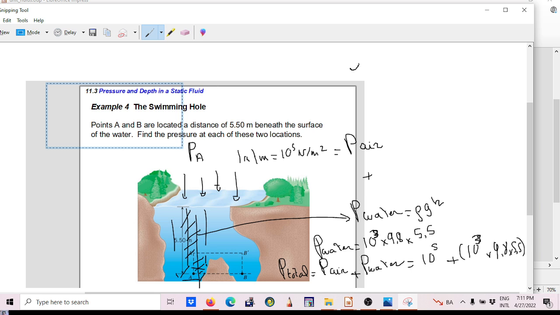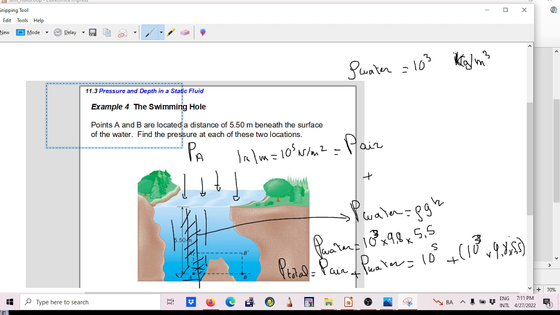Okay, the density of water is 10 to the 3 kilogram per cubic meter. I'm starting to be tired. So that will be the density of water. I hope you didn't make the same mistake that I did.